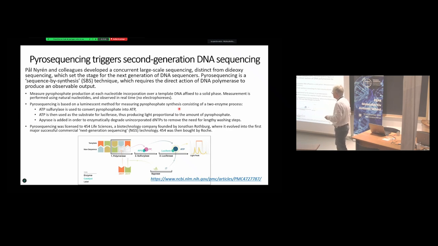And this pyrosequencing was licensed to a company called 454, and this became one of the first major successful next generation sequencing products, which was then bought by Roche, that commercialized it for several years.